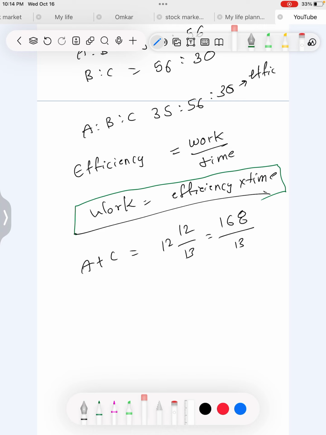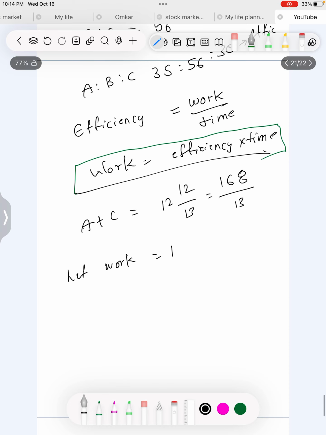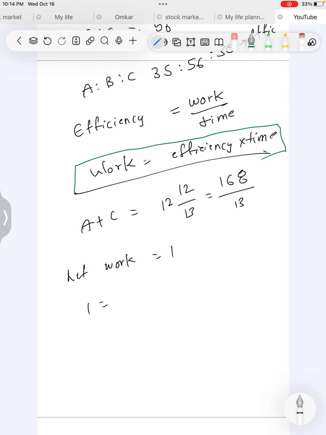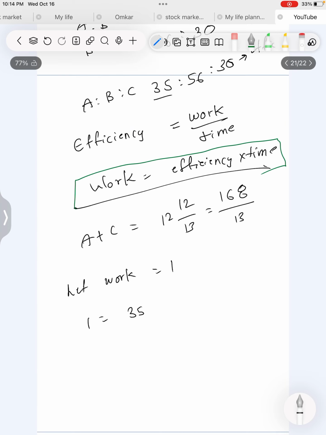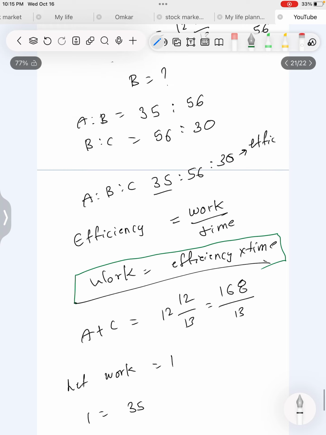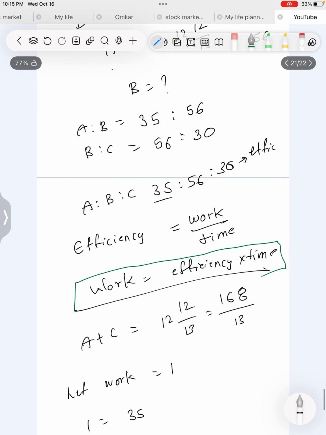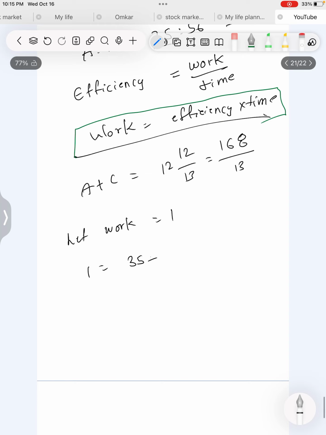The simple thing is that let us consider work is equal to 1. Then 1 is equal to efficiency of A, which is 35, and efficiency of C is 30, and the time is 168 by 13.